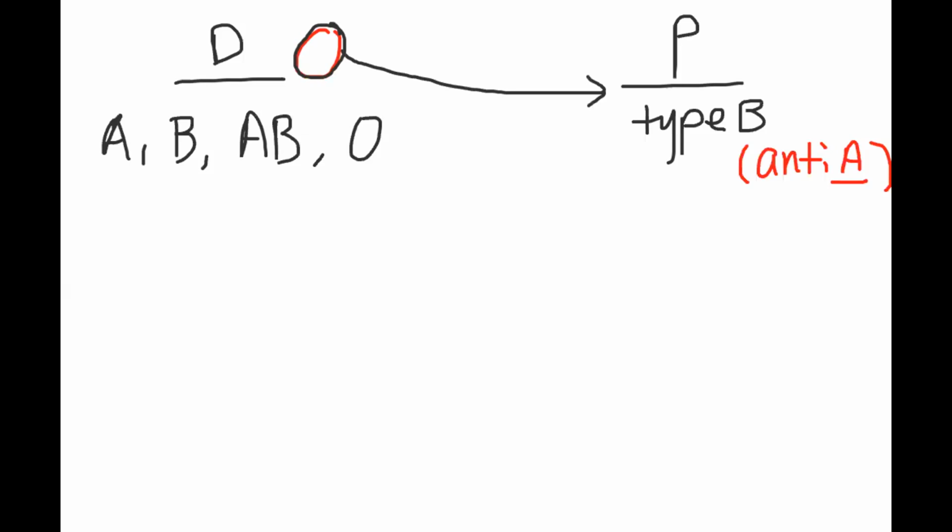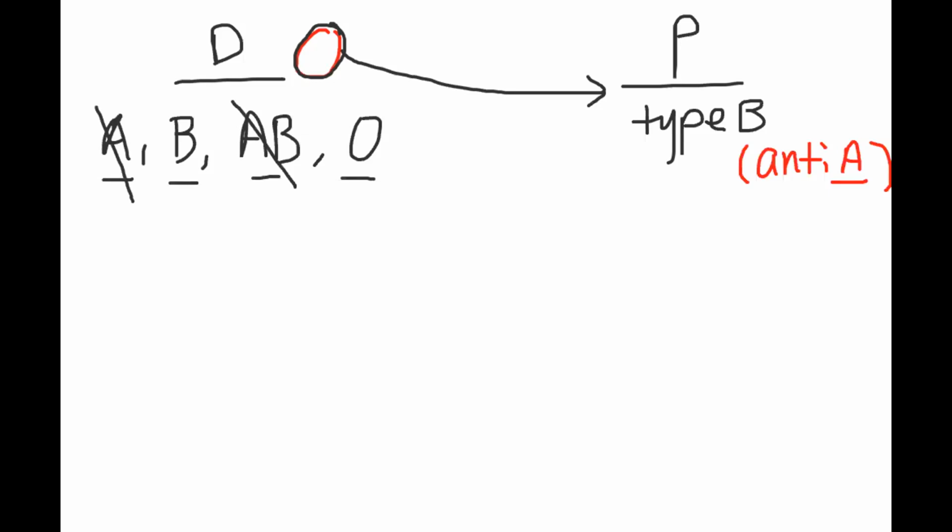Now this anti-A antibody only reacts to A antigen. So you look on this donor side, which type of blood will have A antigen? It's this one and this one, right?